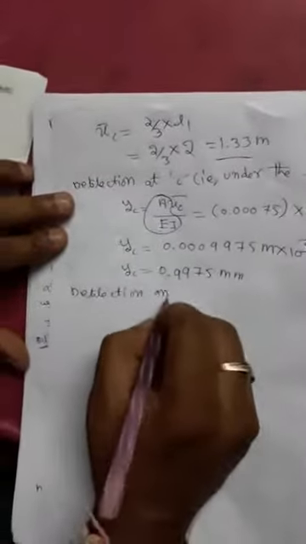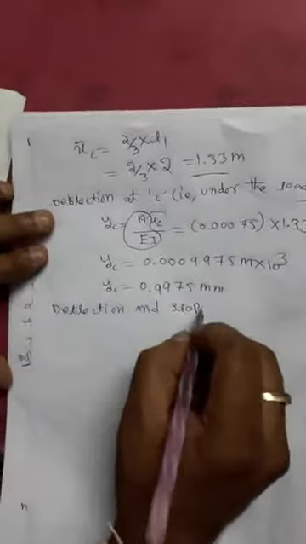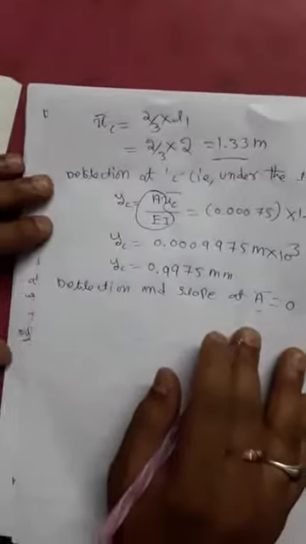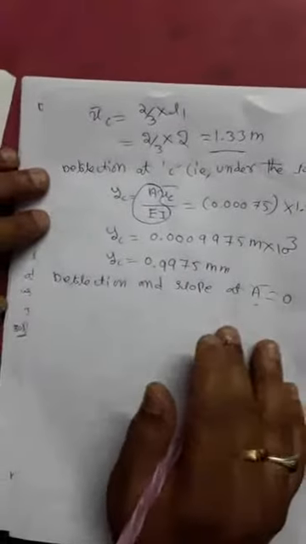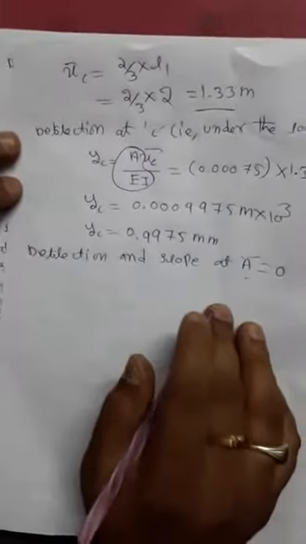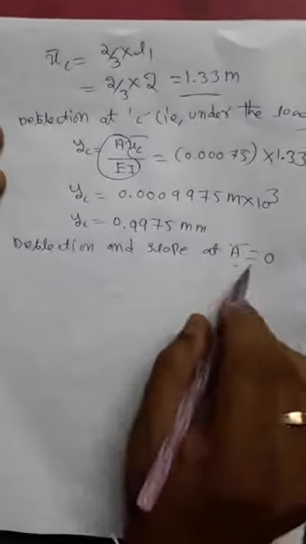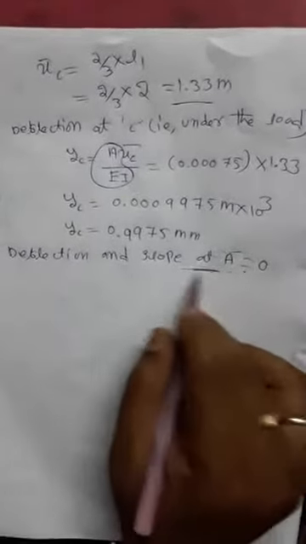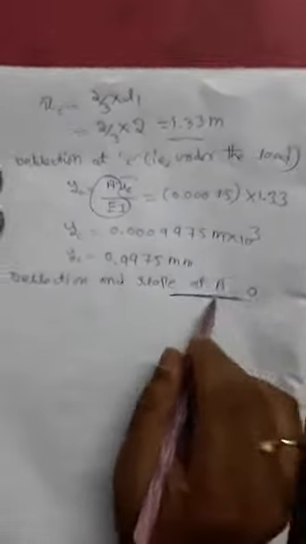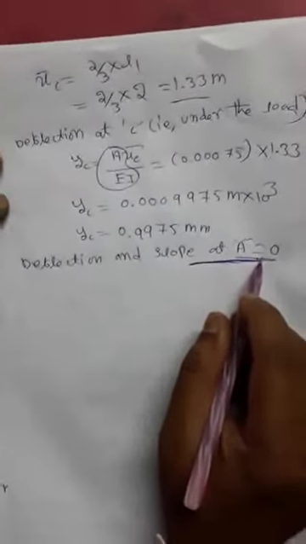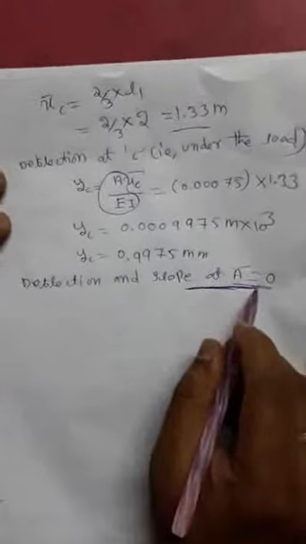Deflection and slope at A equal 0. At the fixed end, through the boundary conditions for a cantilever beam, slope and deflection at the fixed end are 0. You can read these end conditions in the 6th chapter, in the synopsis.